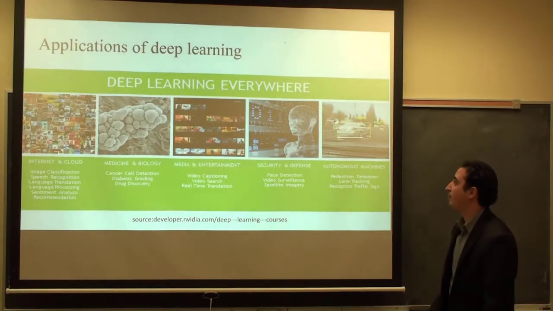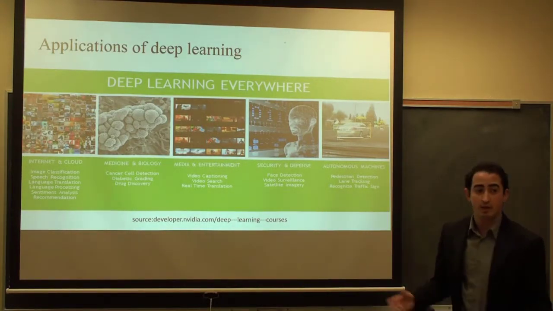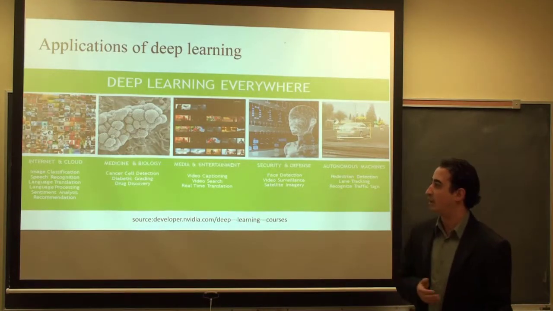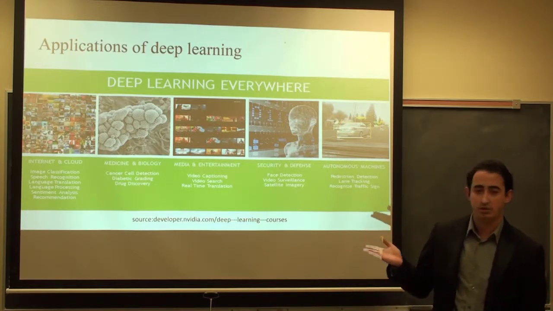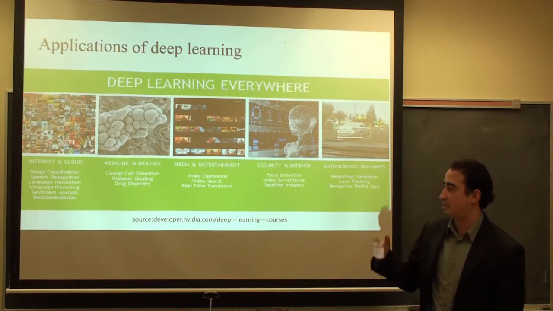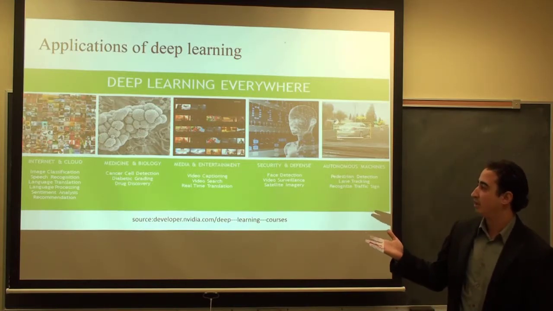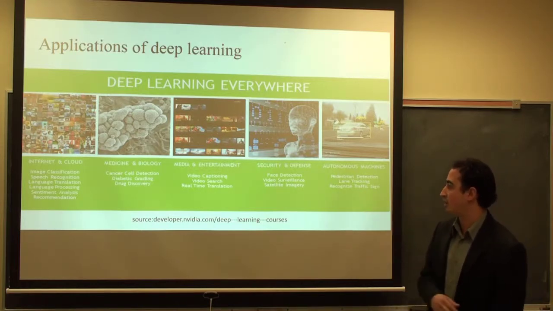Let's look at some examples of where we can use deep learning. That's a good question. Nowadays, deep learning is everywhere. You can see it on the internet and cloud, like image classification, speech recognition, language translation, language processing, and so on. Even in the medical field, we have cancer cell detection, diabetic detection, and drug discovery.